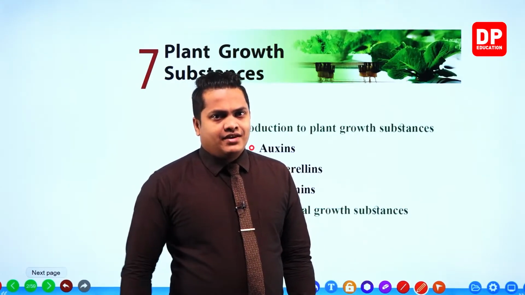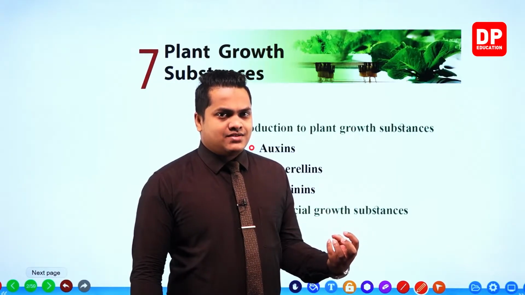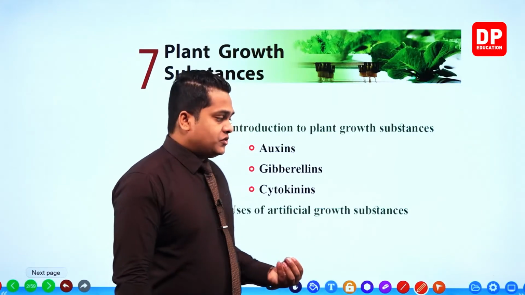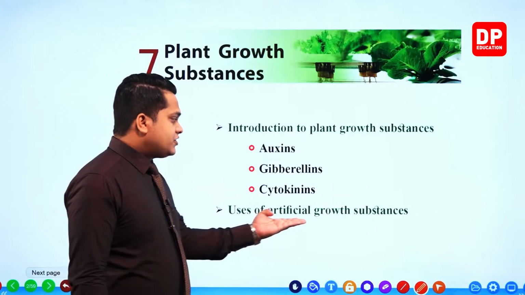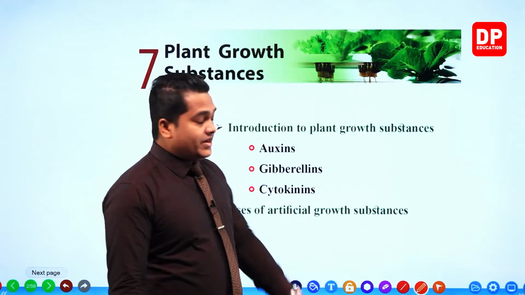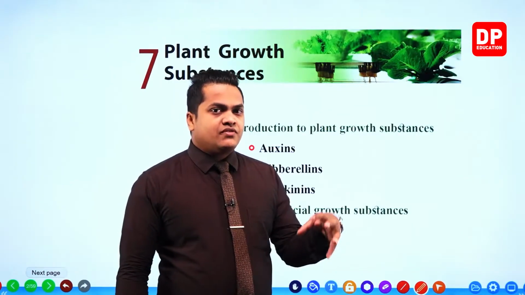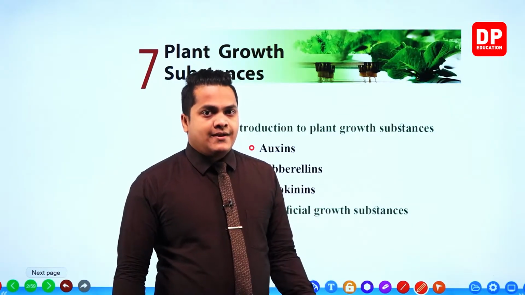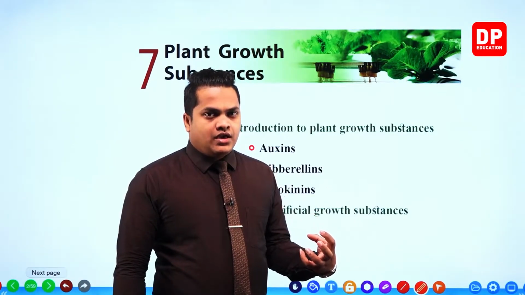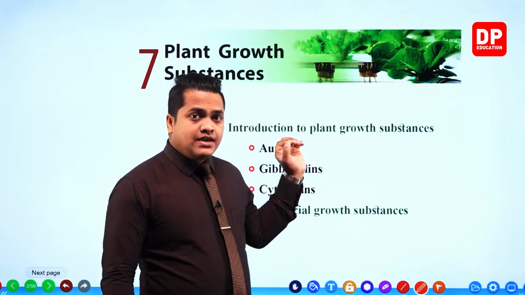In the same way, here also we'll be discussing several chemical substances which are developed by human beings. Those things are referred to as artificial growth substances. After discussing these things, my dear children, we'll be discussing those artificial growth substances, different types of chemical substances created by man, which influence the growth of a plant. These three chemicals are created within the plant.